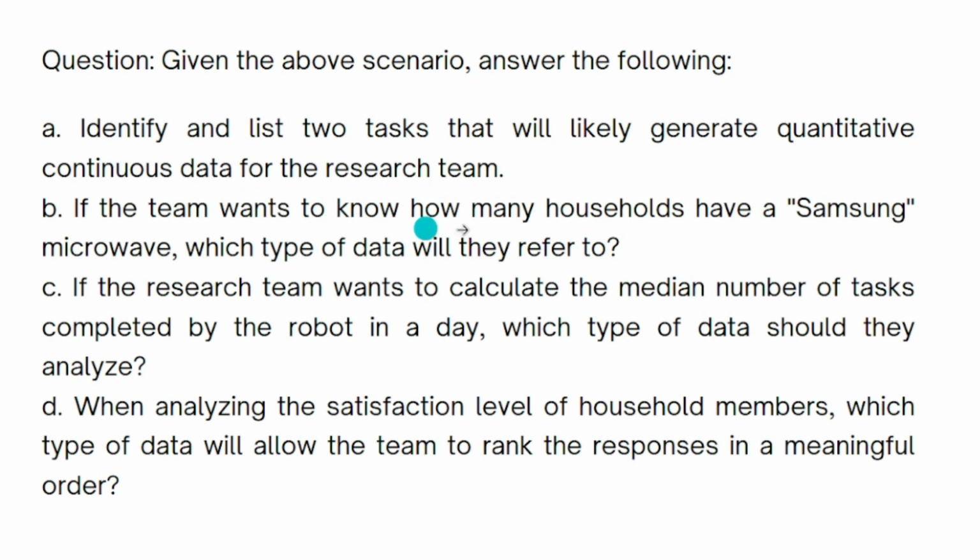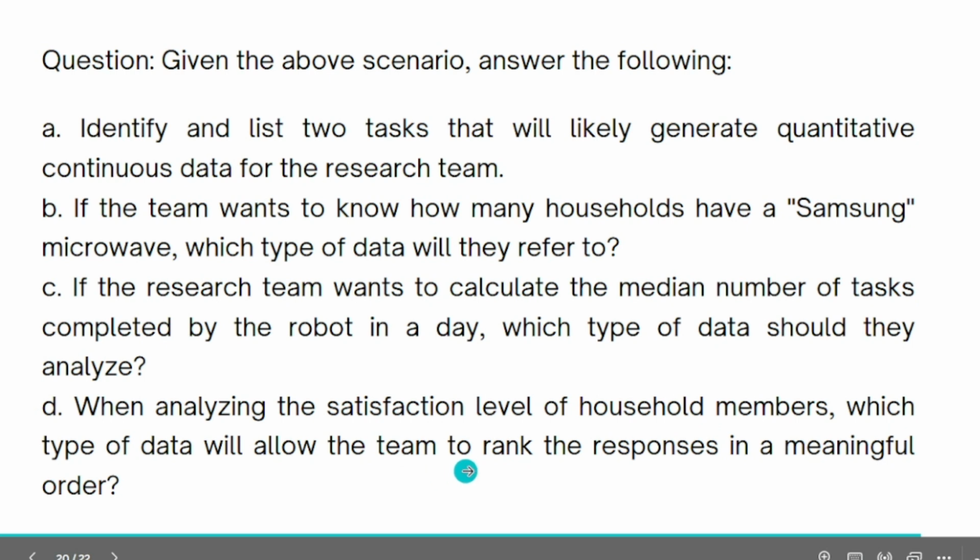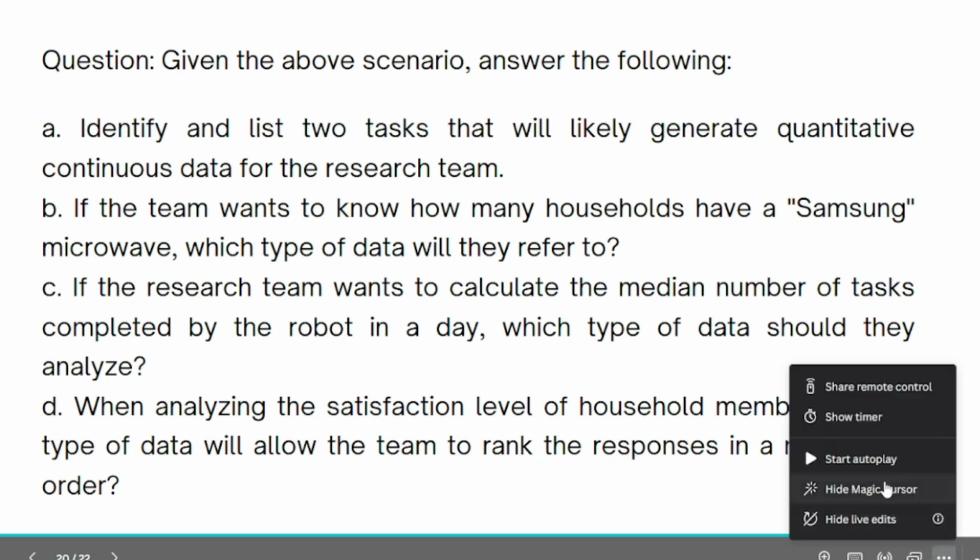If the team wants to know how many households have a Samsung microwave, which type of data will they refer to? If the research team wants to calculate the median number of tasks completed by the robot in a day, which type of data should they analyze? When analyzing the satisfaction level of household members, which type of data will allow the team to rank the responses in a meaningful order? So now let us look into it in a detailed way.